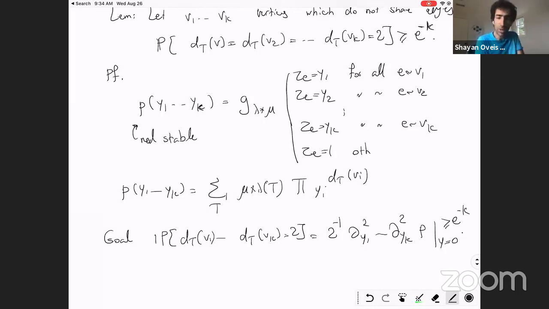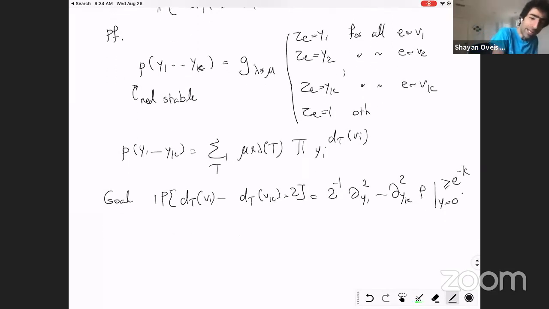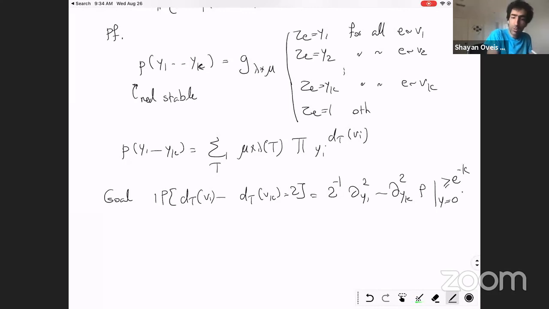So how would I study that? The point is, I know that every vertex has degree at least 1 with probability 1. So I never have a monomial where the exponent of y_1 is 0. The exponent of y_1 is always at least 1. So I can factor out y_1 up to y_k and write p as y_1 up to y_k times q of y_1 up to y_k.